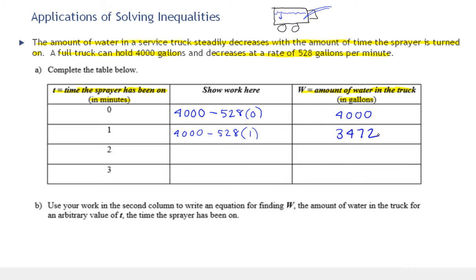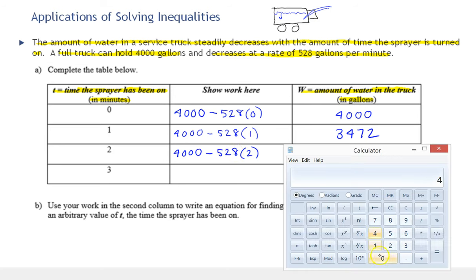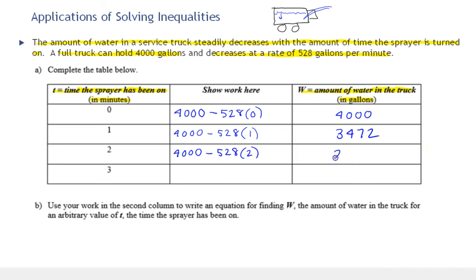When the sprayer has been on 2 minutes, we start with 4,000 gallons. We want to subtract off 528 gallons per minute for 2 minutes, so 2 copies of 528 gallons. So 4,000 minus 528 times 2 gives us 2,944 gallons of water.